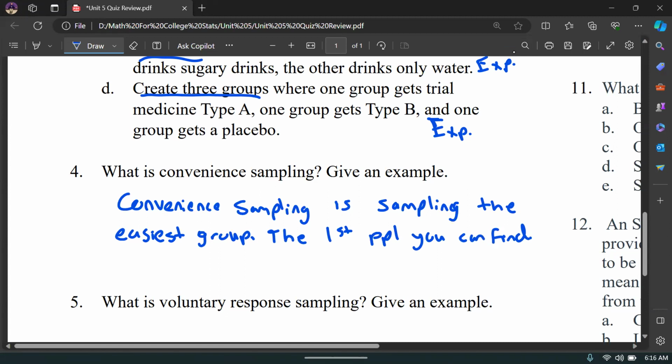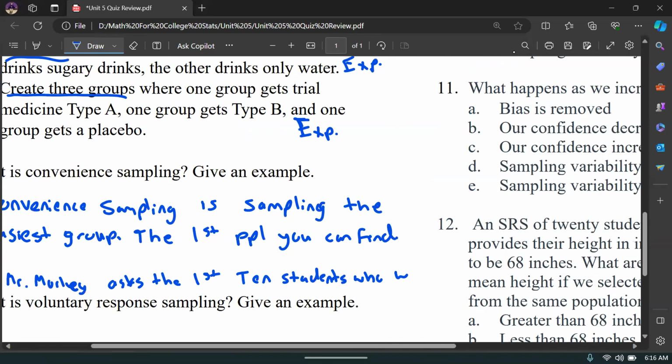To give an example, Mr. Morley asks the first 10 students who walk in the room.